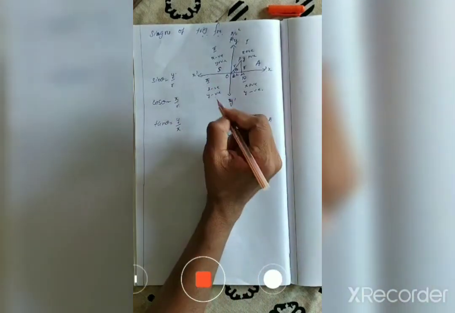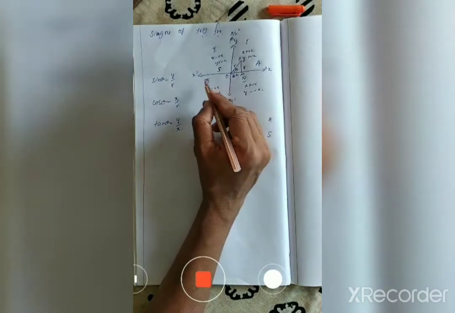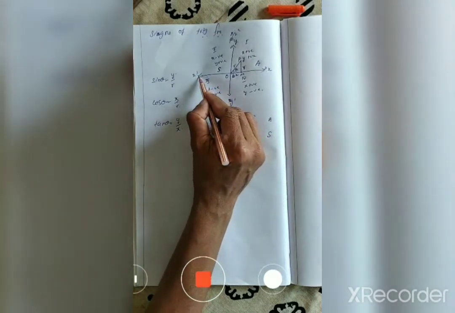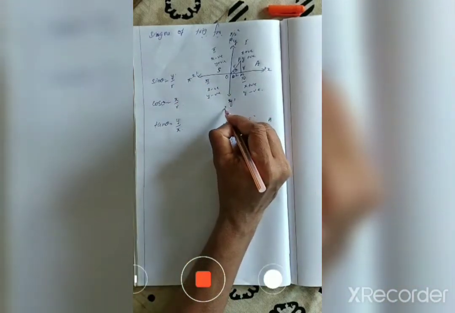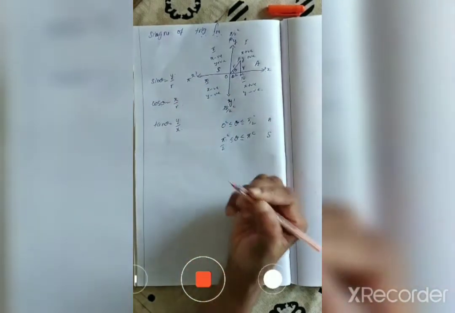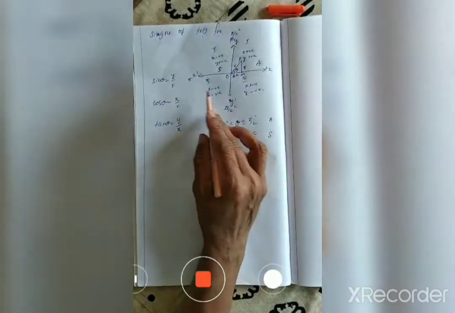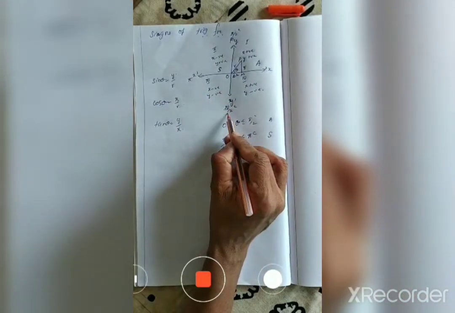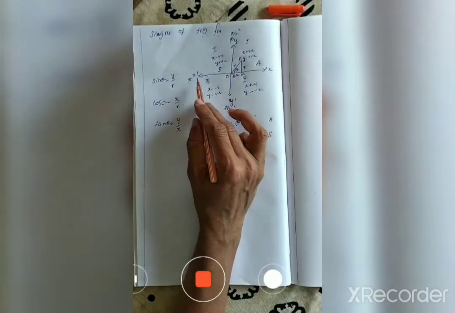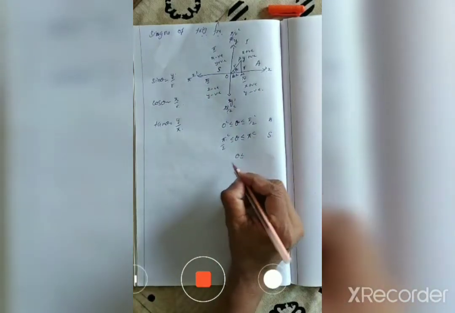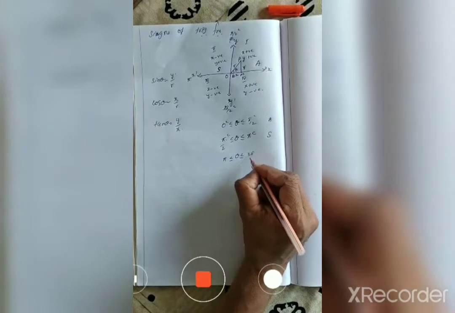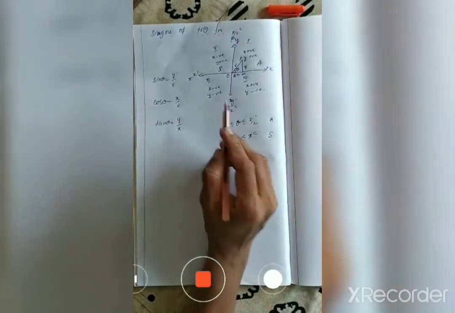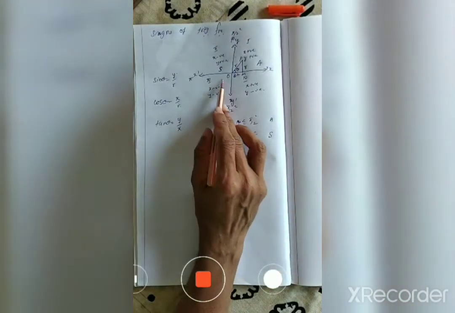In the third quadrant, angles lie between pi, that is 180 degree, and 270 degree. 270 degree means 3 pi by 2. So in third quadrant, angles lie between pi radians to 3 pi by 2 radians. Here in this case, both x and y are negative.